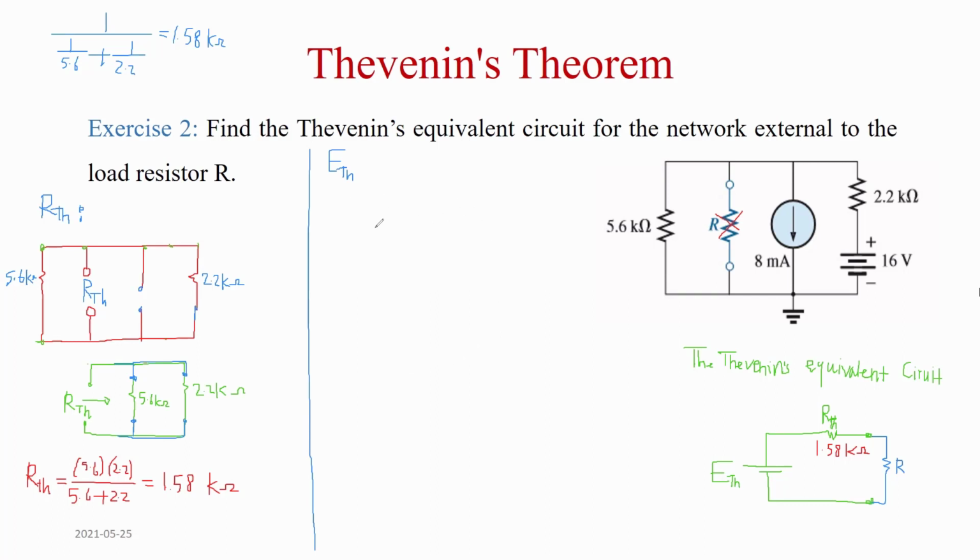Now to find E Thevenin, we'll have to find the open circuit voltage. Does that mean I draw the circuit with all the sources and everything?